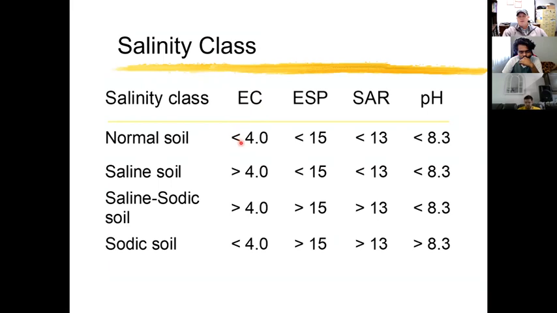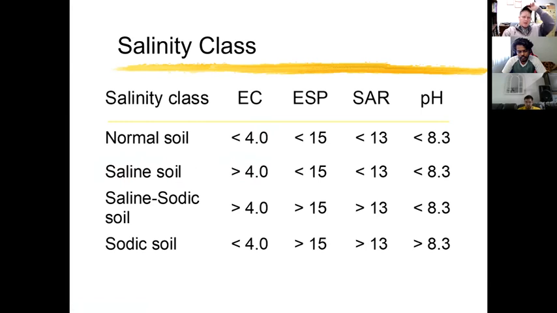A normal soil is going to have an electrical conductivity less than a 4, okay? A saline soil, which has a high accumulation of salts, is going to be greater than 4. So more electrical conductivity tells us that it's going to have a higher salt concentration. So for now, that's all we need to remember. A normal soil, less than 4. A saline soil is going to be greater than 4.